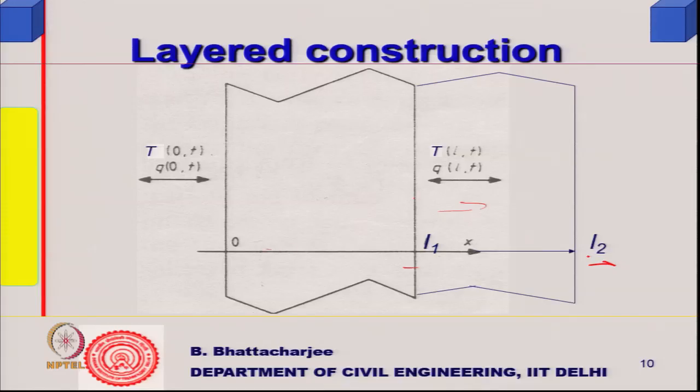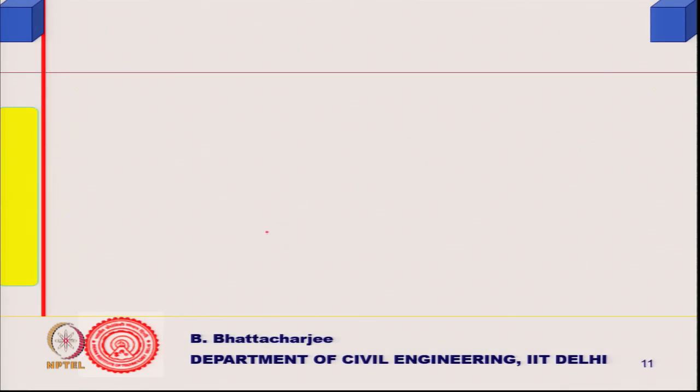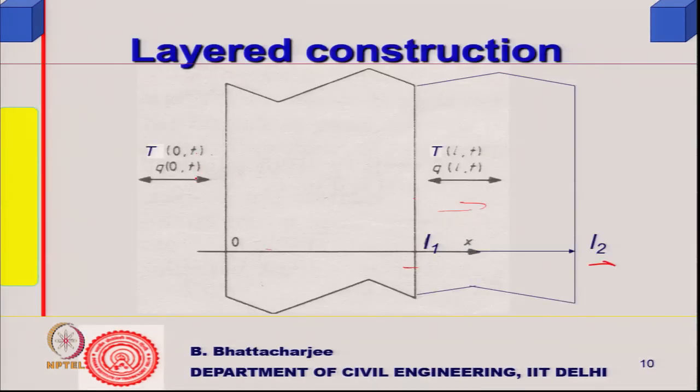This is 0, L1, L2, etc. So, like T0, Q0, TL1, QL1, and this is TL2, and flux here is QL2. So, at any time, but space wise this is how it is.